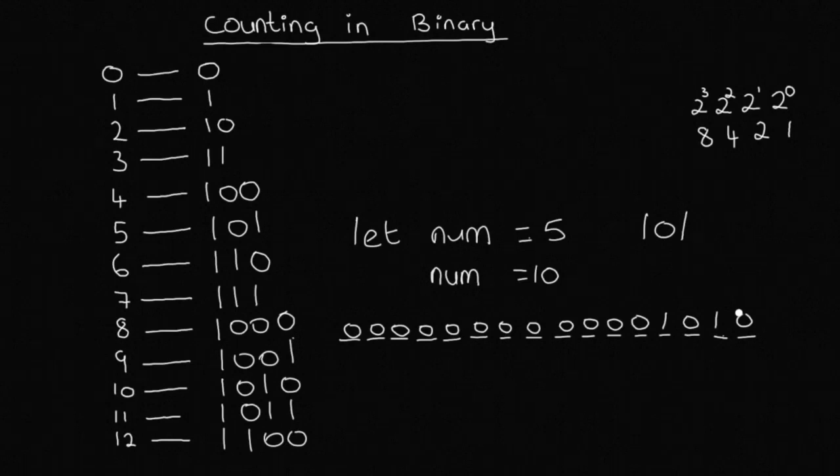Now you might be thinking, these bits here are all wasted. If I'm only going to count up to 15 or whatever, can I not just use 4 bits? Because if I know my number is never going to be greater than 15, can I not use 4 bits?